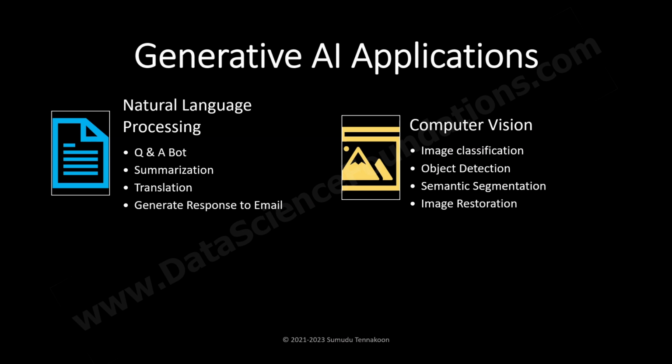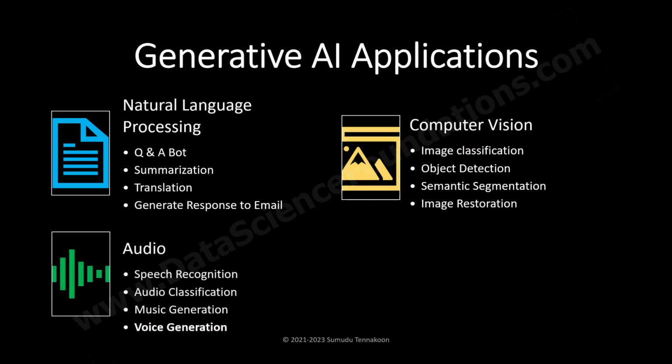And also you can do image restoration, which is a useful application if you have an old photo which is already destroyed by weather or because of its age. You can restore those images very effectively using generative AI models. So various computer vision tasks, not limited to what I have here, you can achieve using generative AI models.